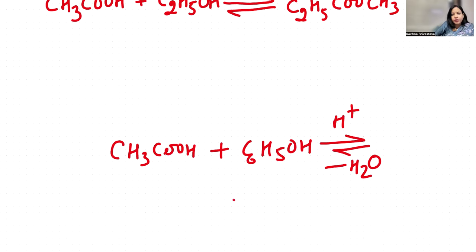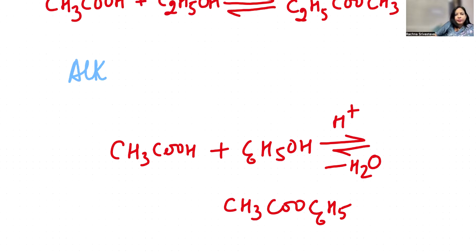It will be CH3COOC6H5. You have to be very, very focused on what you are writing. So you will get CH3COOC6H5, phenyl acetate. If I discuss the nomenclature part for ester, the IUPAC name is alkyl alkanoate.